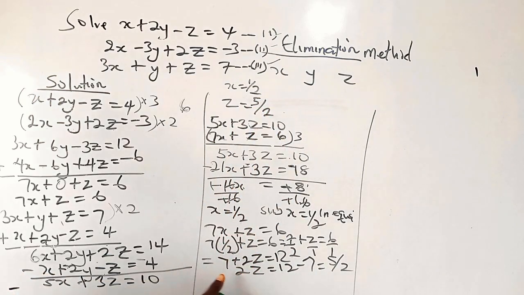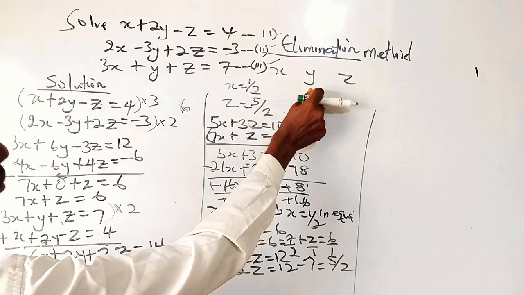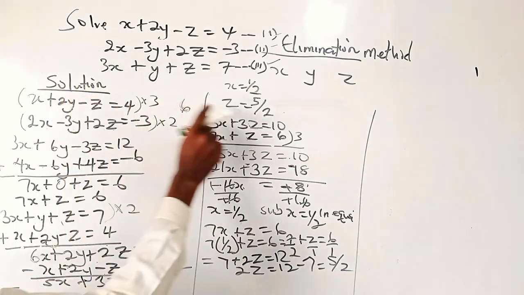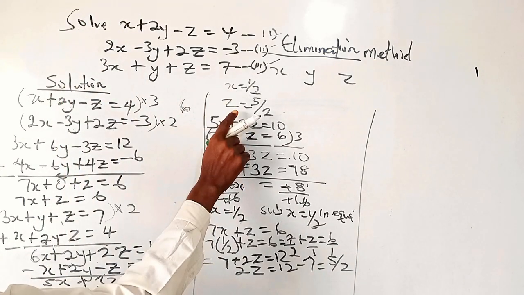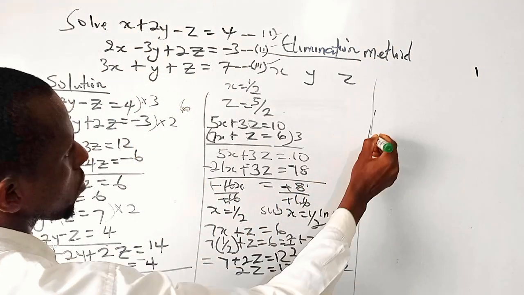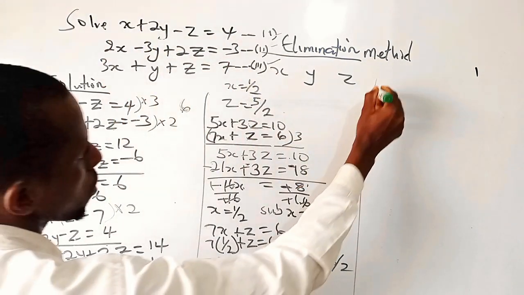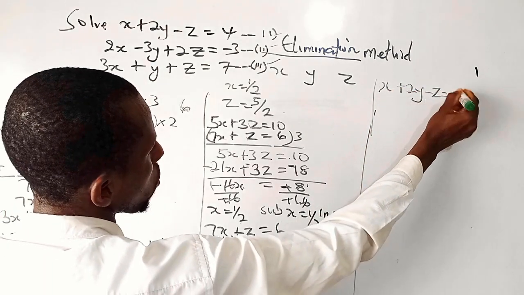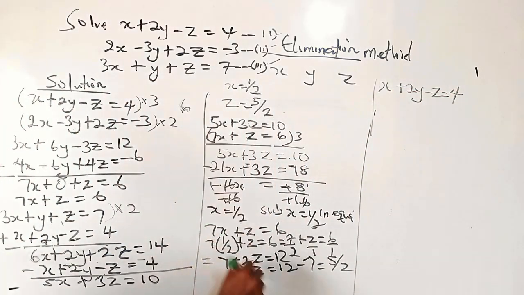So the next thing for me is to determine y. To get y, I come back to any of these 3 original equations, I substitute the value of x and z, and I can easily determine y. So how will I do that? Let me use this first equation. I have x plus 2y minus z equals 4.